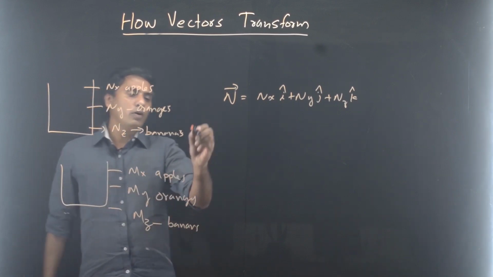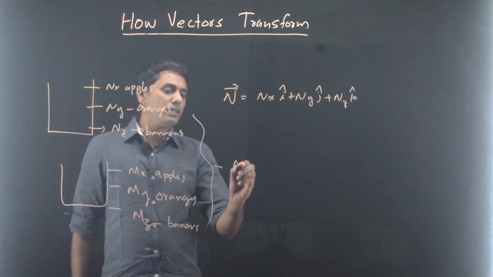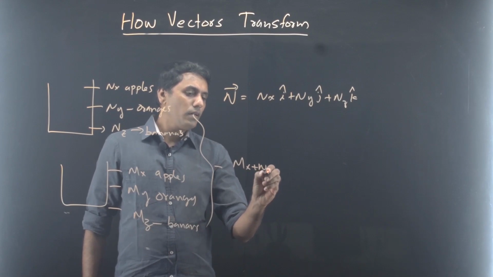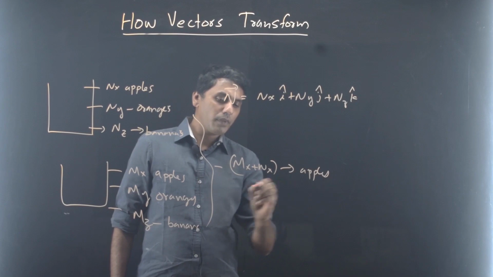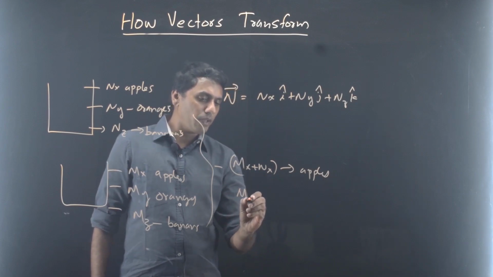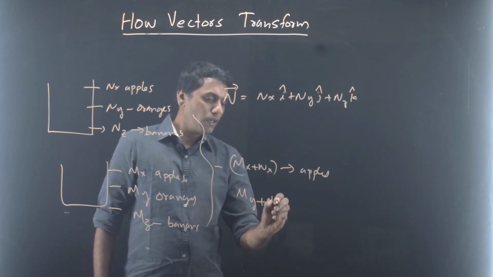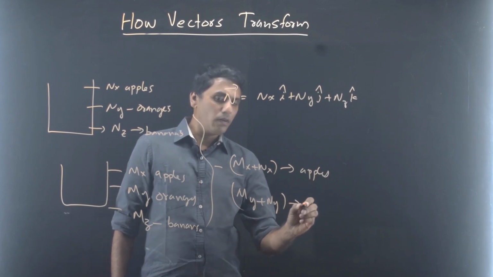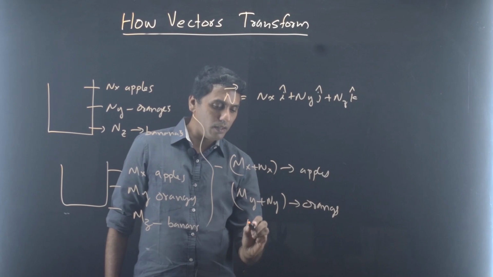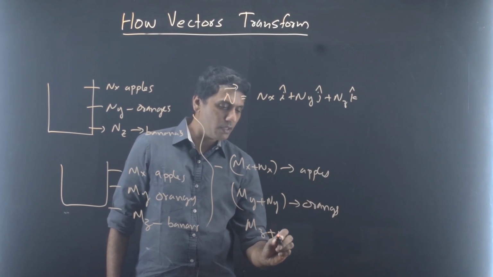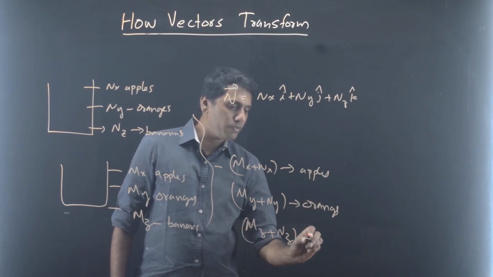Altogether, you will have mx plus nx number of apples, my plus ny number of oranges, and mz plus nz number of bananas.